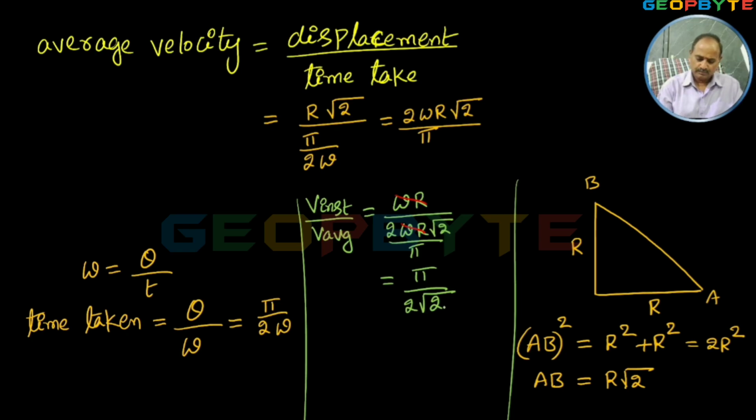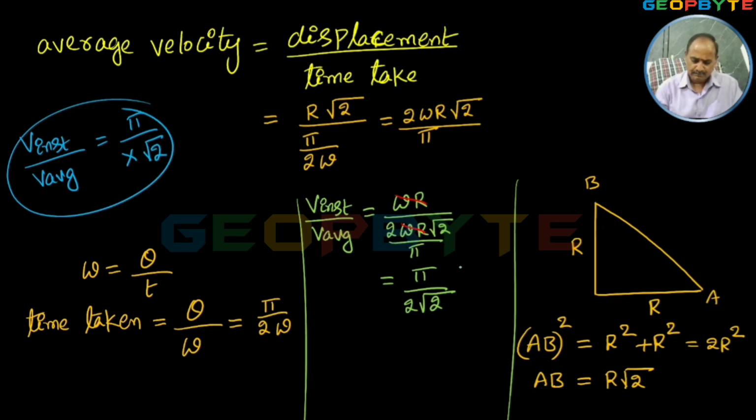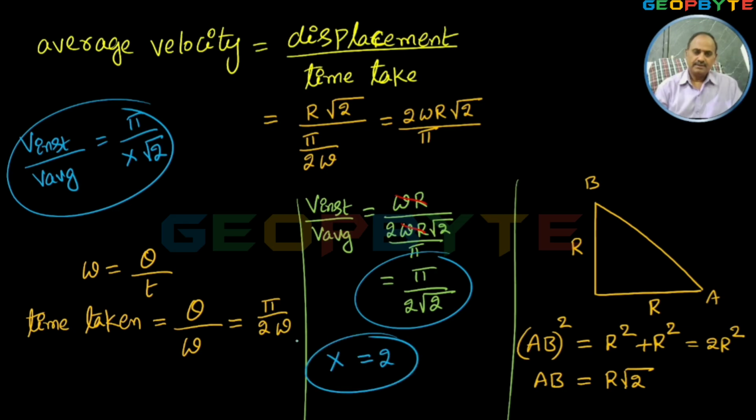But the given value is V instantaneous by V average equal to pi by x root 2. Then compare these two for deciding the x value. Therefore, x equals 2.